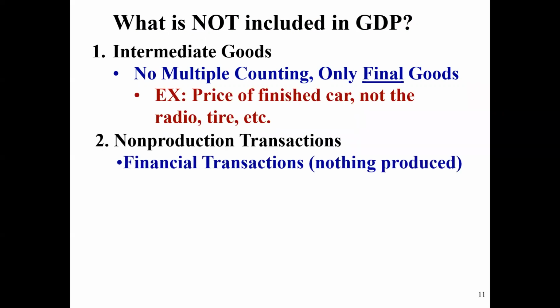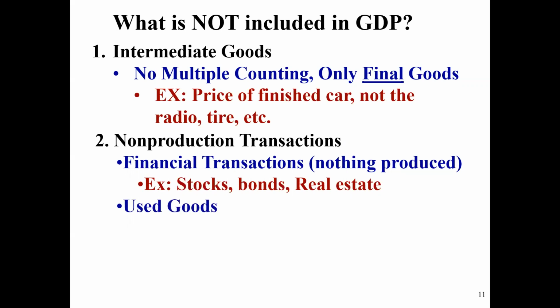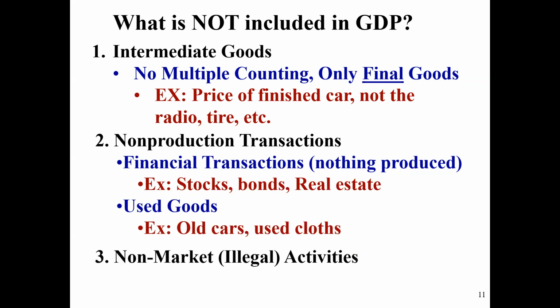Non-production transactions. All right. Now, I saw in a couple of quizzes people getting this wrong. Stocks and bonds are not part of investment. All right. They are not part of GDP. Used goods, no, they only count the first time they're sold. And then illegal activities, illegal drugs, unpaid work.